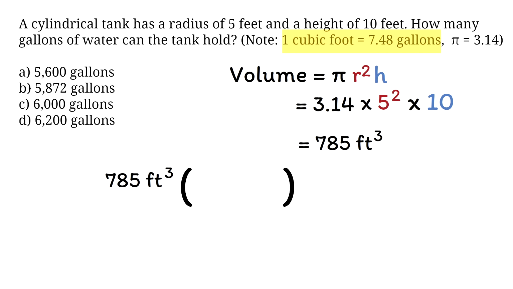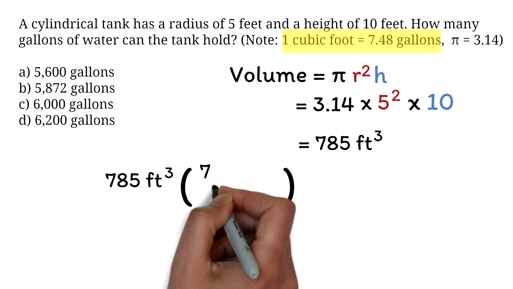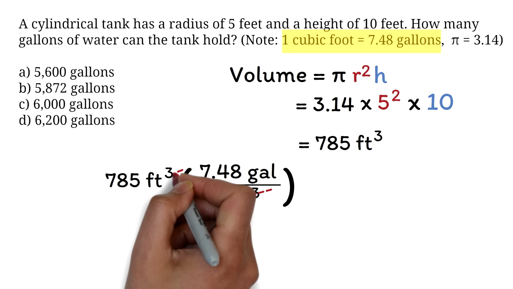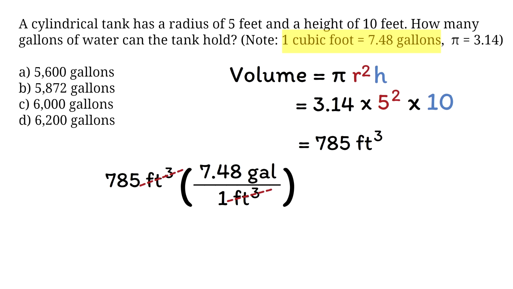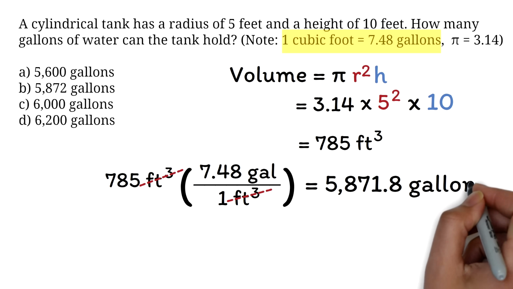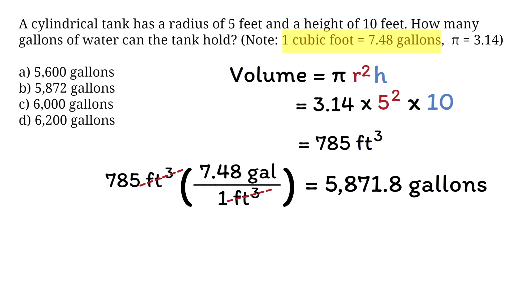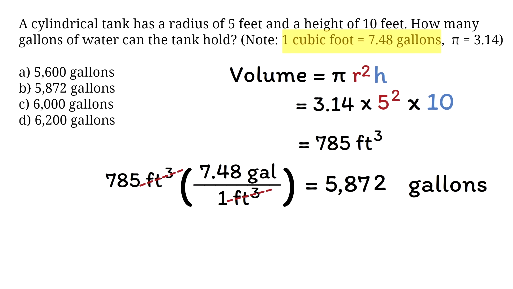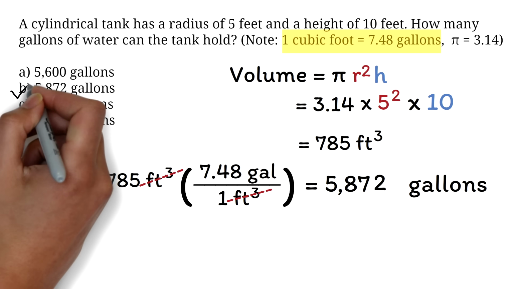So for this, we will write the 7.48 gallons on top, then divide it by the 1 cubic foot. Since it's dividing, the cubic feet will cancel the cubic foot. We have 785 times 7.48. This is 5,871.8. Rounding it up, we have 5,872. The correct answer is therefore option B.